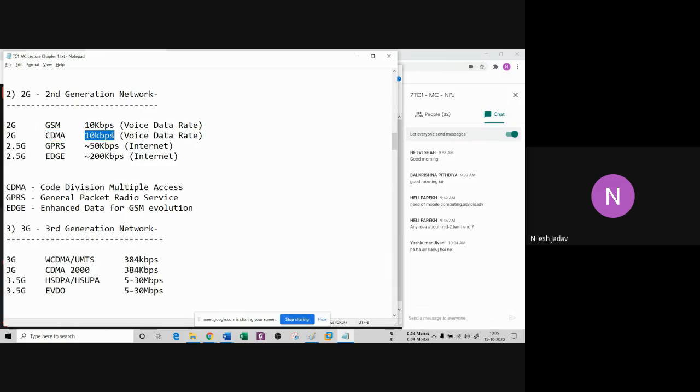It gives the same speed, but CDMA was used for error detection and resolving interference problems, and that is why we used CDMA. Then another thing comes up, the 2.5 generation GPRS, which gives a speed of approximately 50 kbps, and people are now more oriented towards the internet. They can use the internet on their mobile phones.